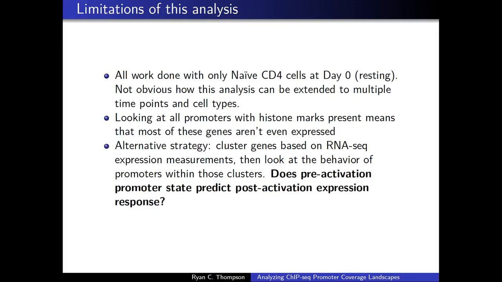And what I'm getting to next is that this analysis is kind of limited. This is all done with the day 0 ChIP-seq and the day 0 RNA-seq, so it's just resting naive T cells. And it's not obvious how to easily extend this to multiple time points and multiple cell types.